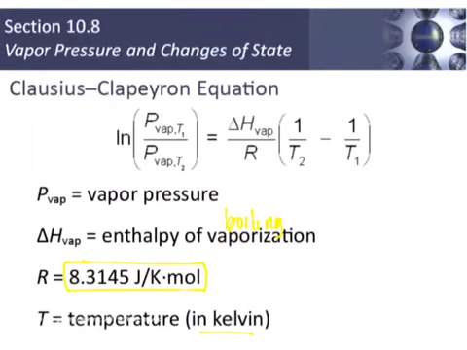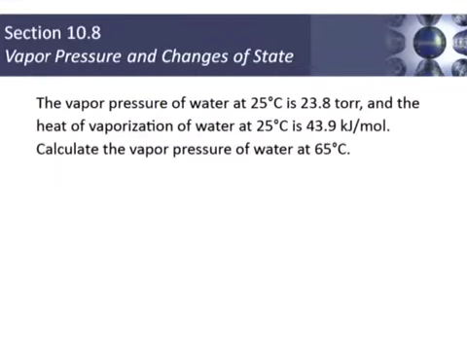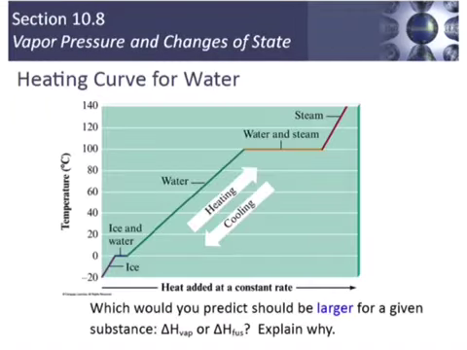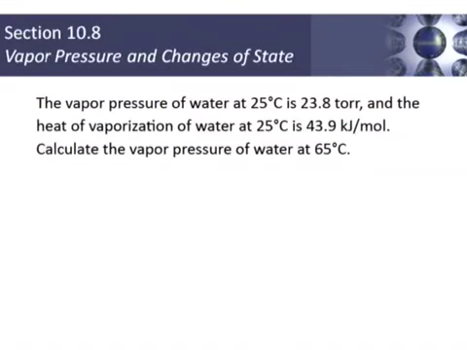So let's do a problem. The vapor pressure of water at 25 degrees Celsius is 23.8 torr, and the heat of vaporization of water at 25 is 43.9 kilojoules per mole. Calculate the vapor pressure of water at 65 degrees Celsius.